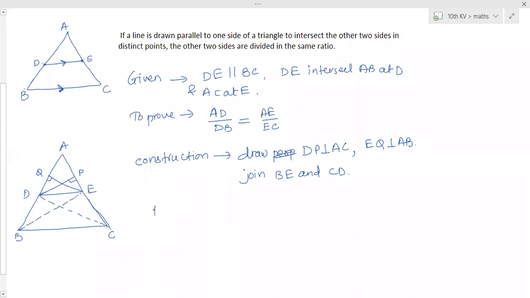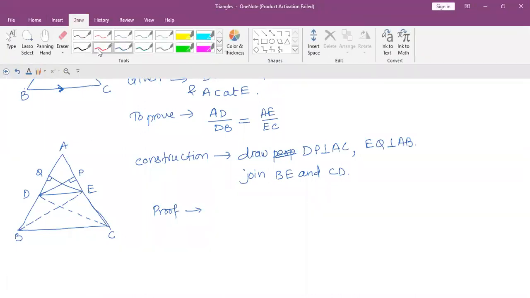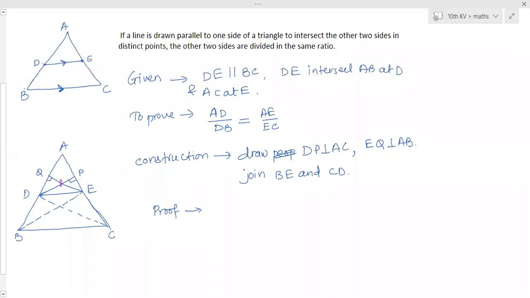Now the proof. How to prove it? For the proof we have to take the ratio of areas of different triangles. First we will take the ratio of the area of triangle ADE and triangle DEB. We have to use the area part. So this full triangle and this part, BDE triangle, and ADE triangle.